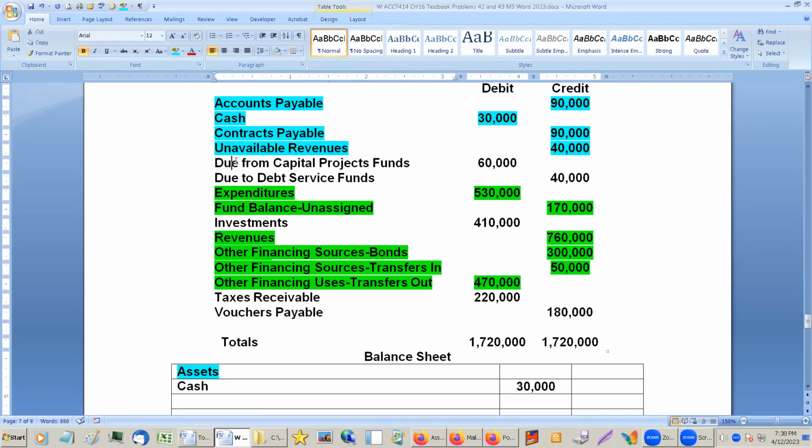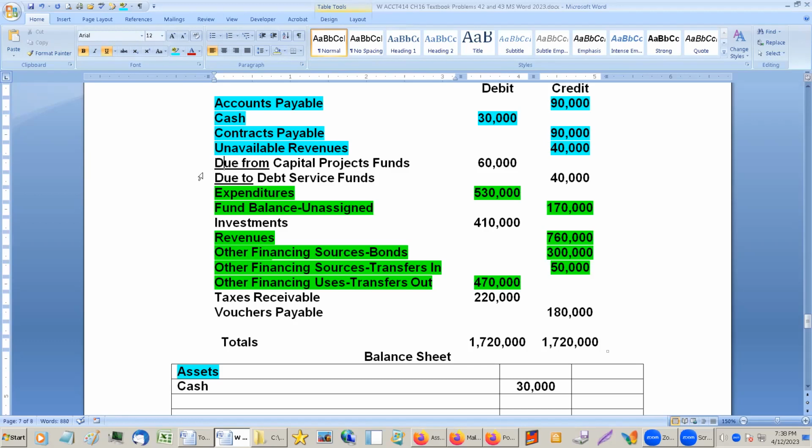Okay. Now be careful of the due tos and due froms. Due from means that they owe us. Due to means that we owe them. So this due to capital projects fund, I'll give you a choice.